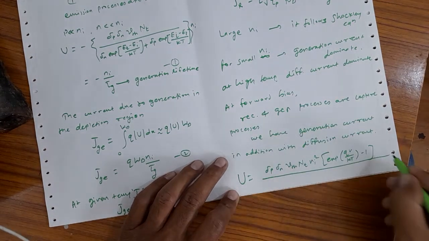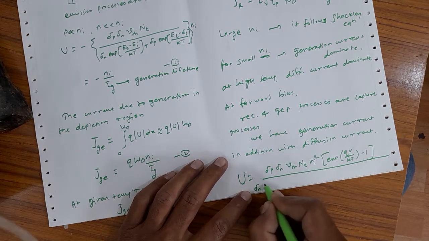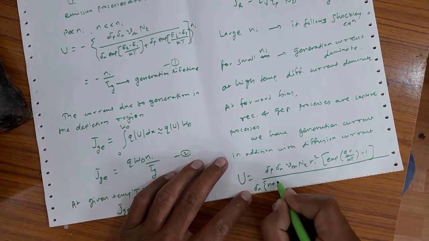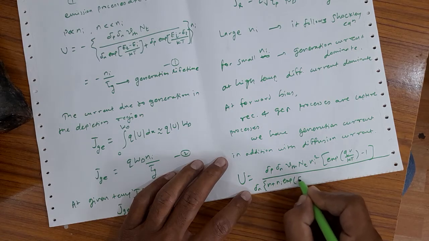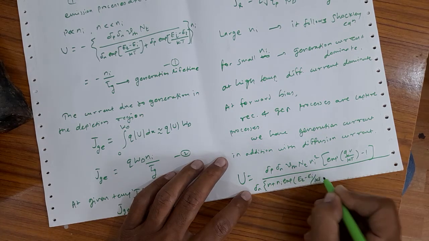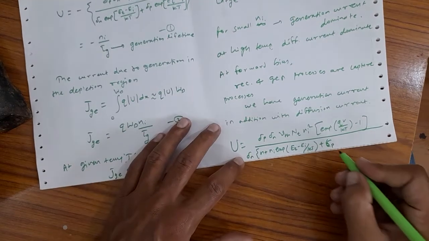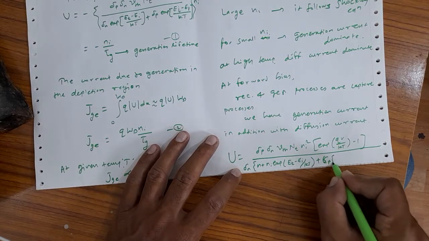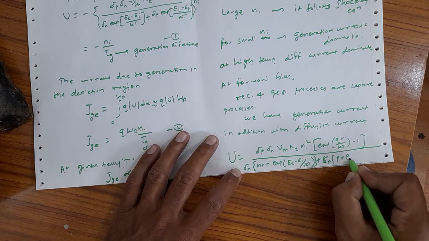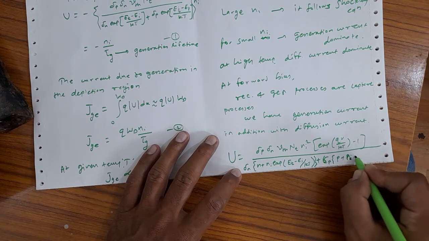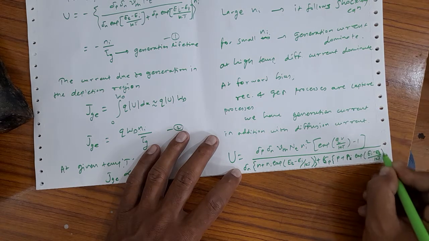Just rewrite the equation, and what we will get is sigma n into n plus Ni into exponential of Et minus Ei by kT, plus sigma p into p plus Ni into exponential of Ei minus Et by kT.